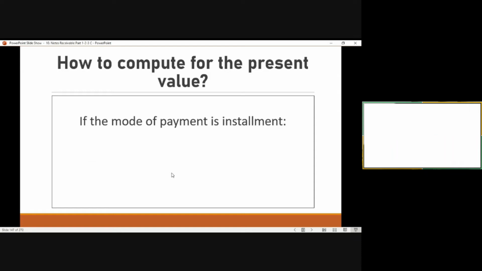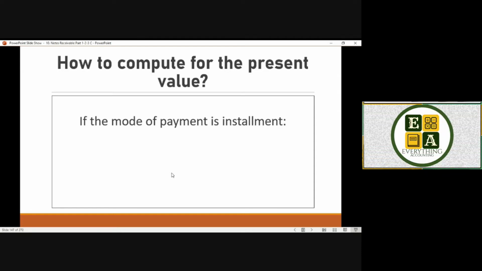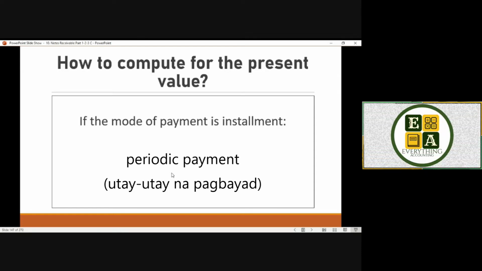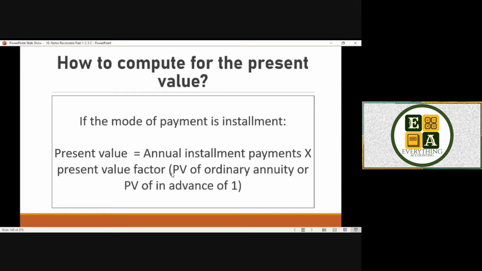If the mode of payment is installment, you have to look into the type of installment payment: whether there is an advance payment or no advance payment. The present value is the annual installment payment multiplied by the present value factor, depending on the mode of payment.